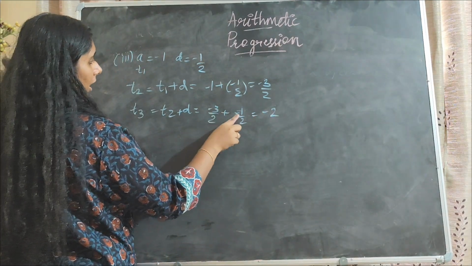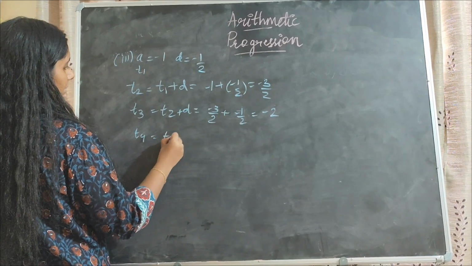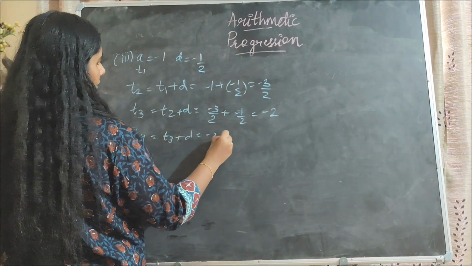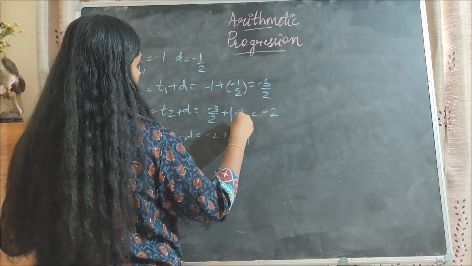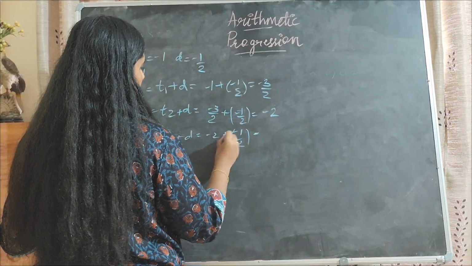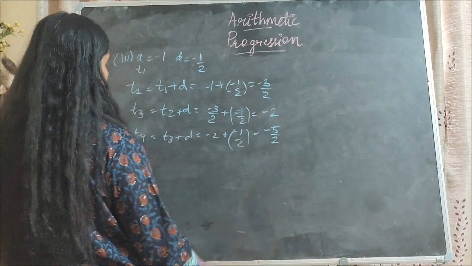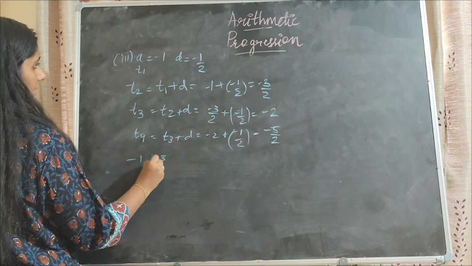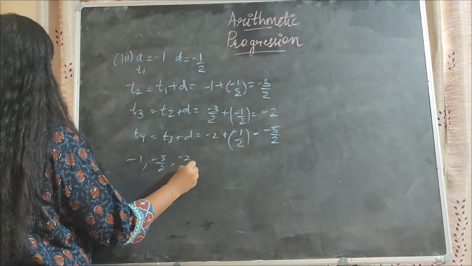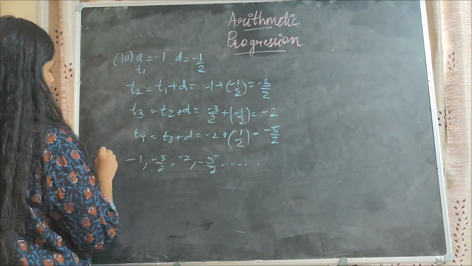T4 is T3 plus D, minus 2 plus minus 1 by 2, which will be minus 5 by 2. So minus 1, minus 3 by 2, minus 2, minus 5 by 2 is the AP.